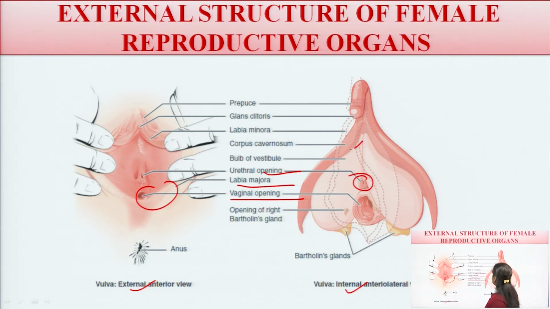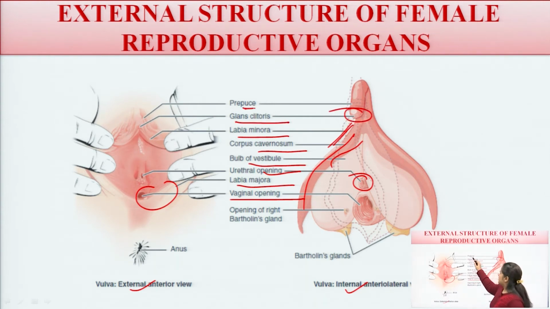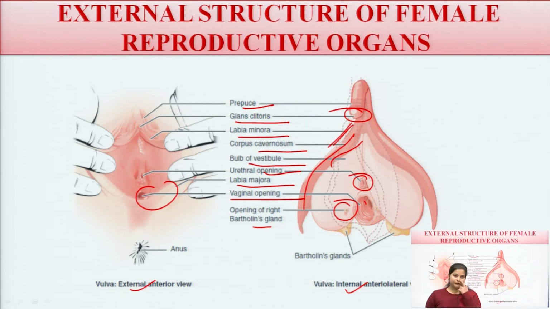This is the bulb of the vestibule, this is the corpus cavernosum, this is the labia minora, this is the glans clitoris, this is the prepuce, and this is the opening of the right bulbourethral gland. So this is the structure of the female reproductive system.